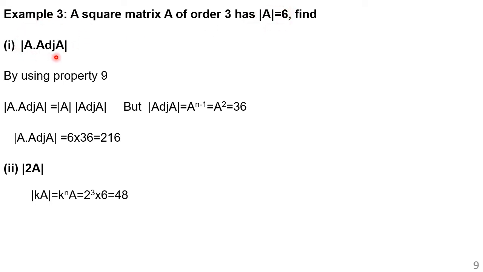We need to find out the determinant of A multiplied by adjoint of A. Let us use the property 9, which says that determinant of A into adjoint of A is always given by determinant of A multiplied by determinant of adjoint of A. And here we know that the determinant of A is given as 6, and the determinant of adjoint of A is always given by determinant of A to the power n minus 1.